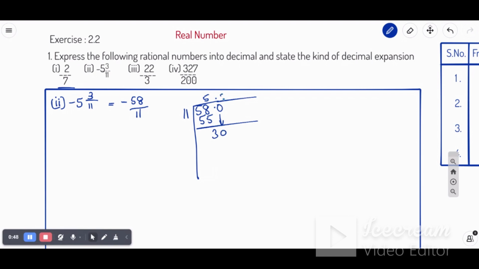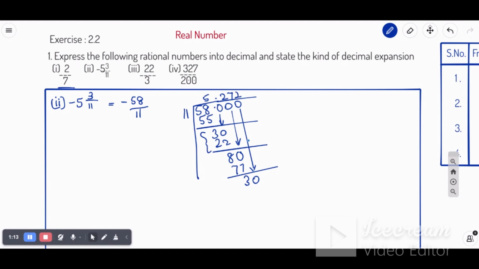Again it will be 2, 2s will be 22, and then put your 8, and your next 0 will come down, and this will be your 0, and you get 7 11s are 77, and this will be your 3, and put your next 0. If you could see, it is starting to repeat this pattern.